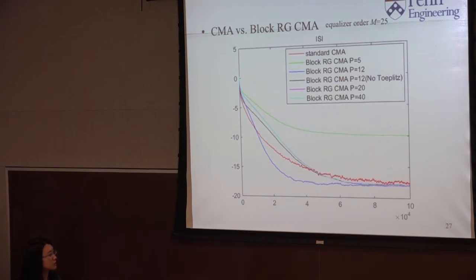If P is larger or smaller than that, the performance may degrade. For this black curve, although P equals 12, if we don't force the Toeplitz constraint, that means we don't have the second step adaptation, and then the performance is not good either. So to conclude, if we have a P that is approximately half of the equalizer order and use the two-step adaptation, the performance will give faster convergence compared to the standard algorithm.